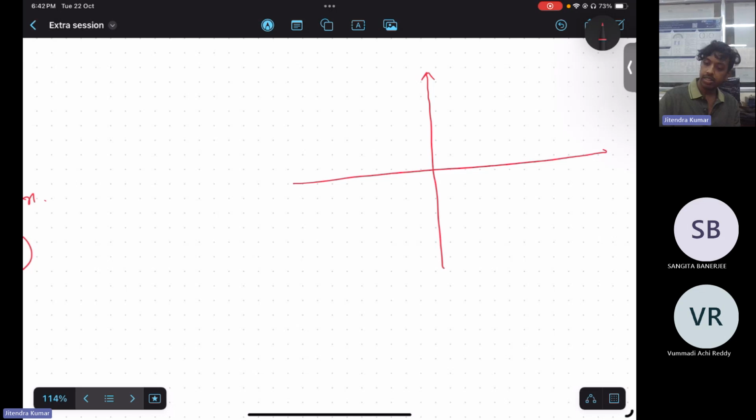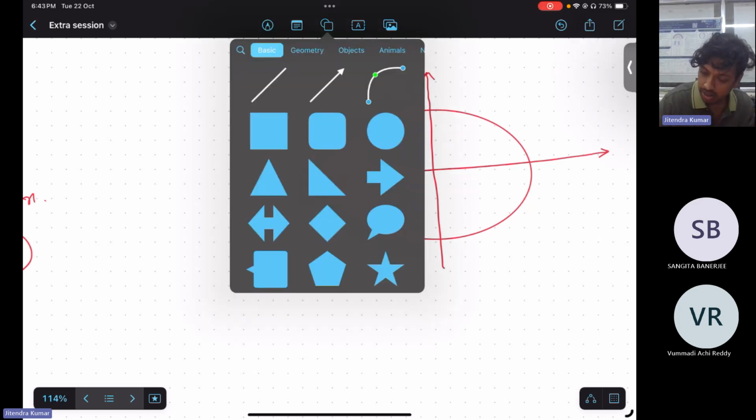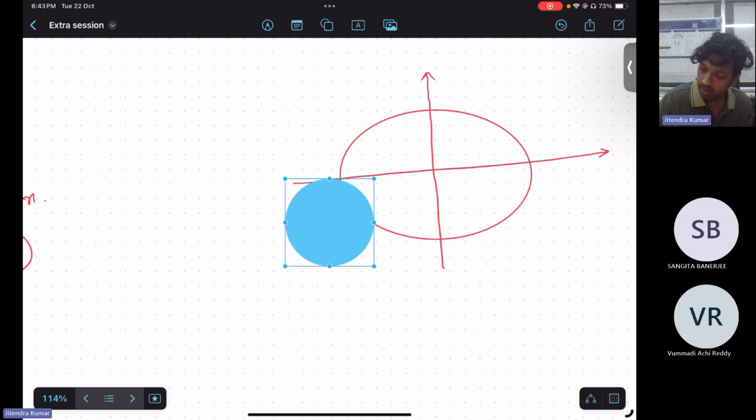Let's take another case. Consider this as a circle, please. Okay, this is looking like an ellipse. Let me draw a circle.